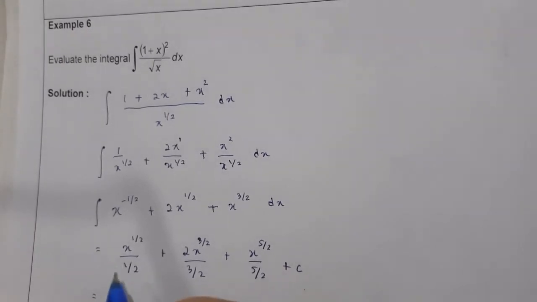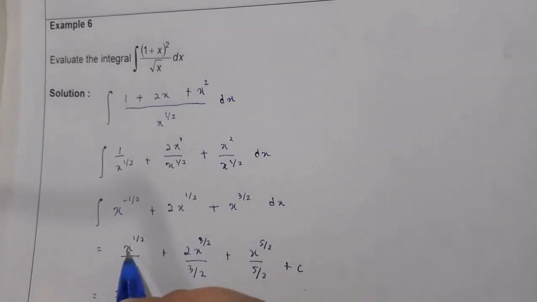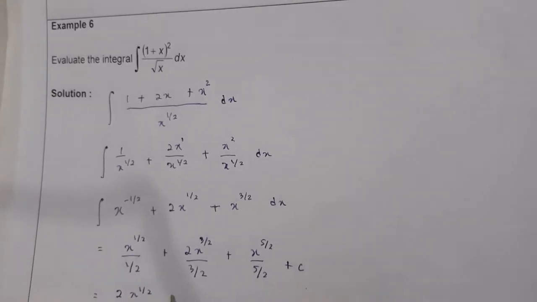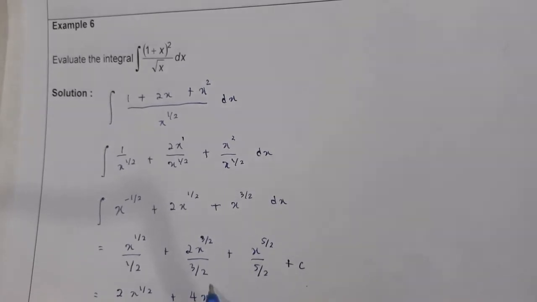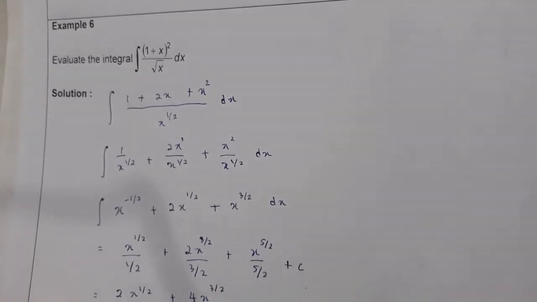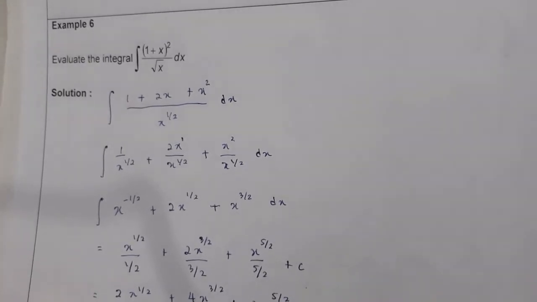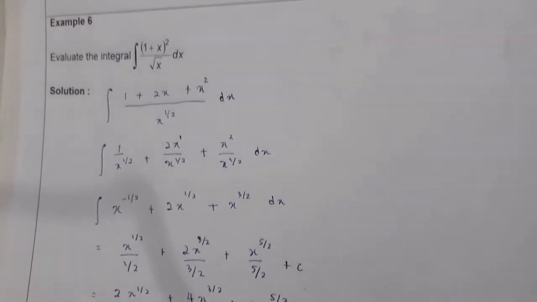Simplify, bring 2 up, so we have 2x^(1/2). Bring 2 up, 2 multiplied by 2, 4. Bring 2 up, 2x^(5/2) over 5 plus c.